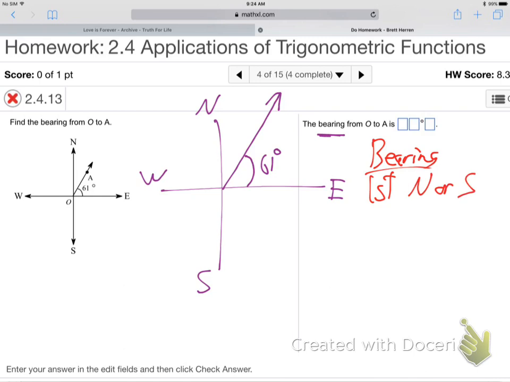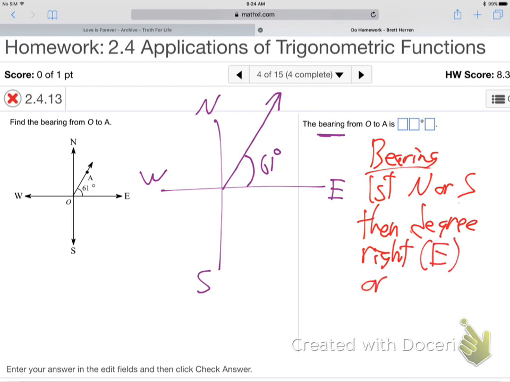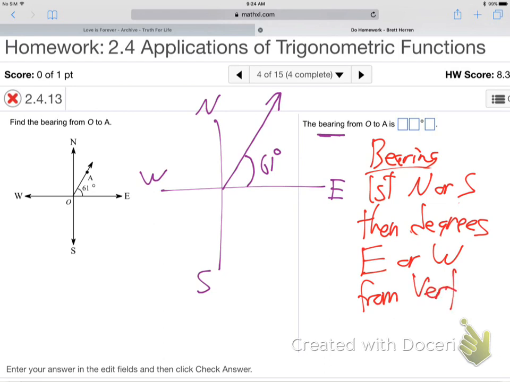You first say, hey, it's north, then say the degrees, then degrees east or west from the north or south, from the vertical. That's a good way to put it.